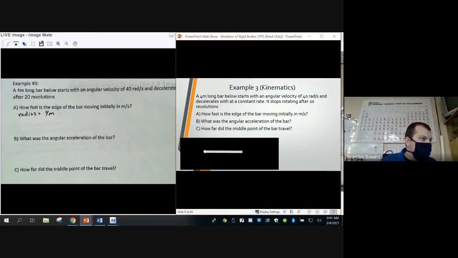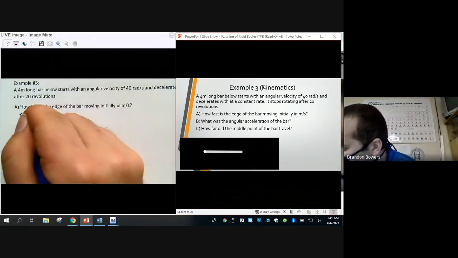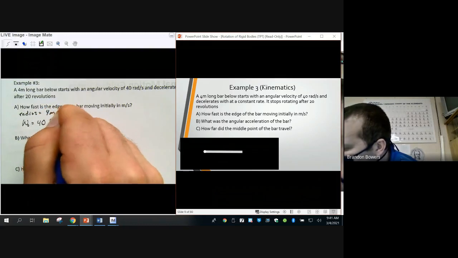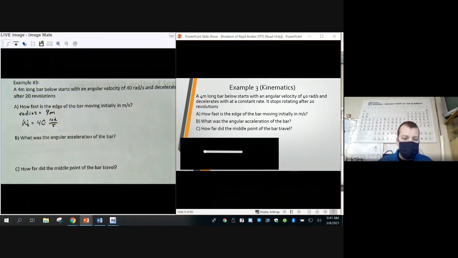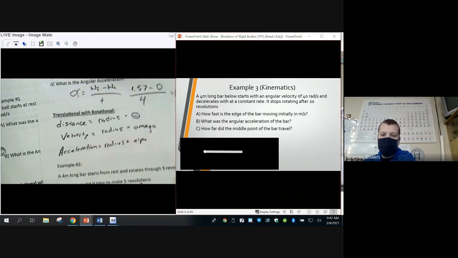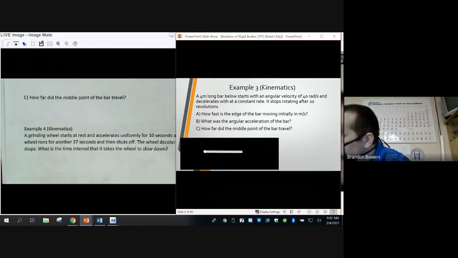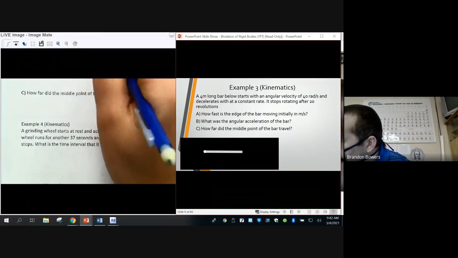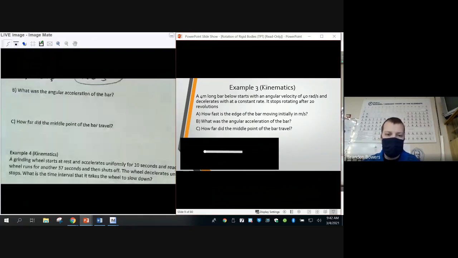Omega initial is 40 radians per second. To convert that to meters per second, you just multiply them: radius times omega. So I got 160 meters per second.